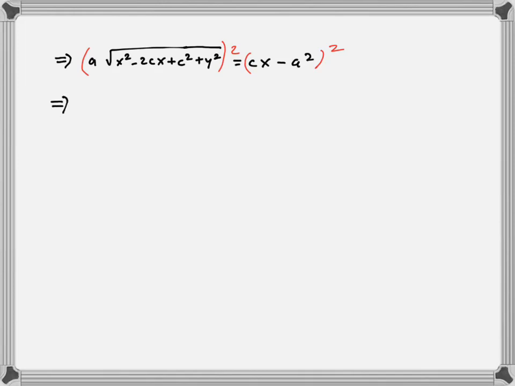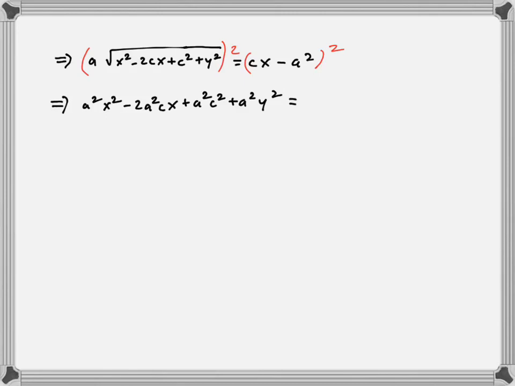We end up with, so I have a squared times x squared minus 2a squared cx plus a squared c squared plus a squared y squared. All I did was I distributed a squared times everything under the radical.